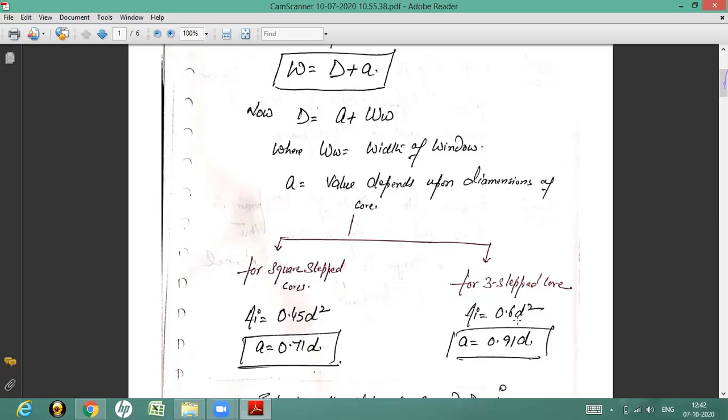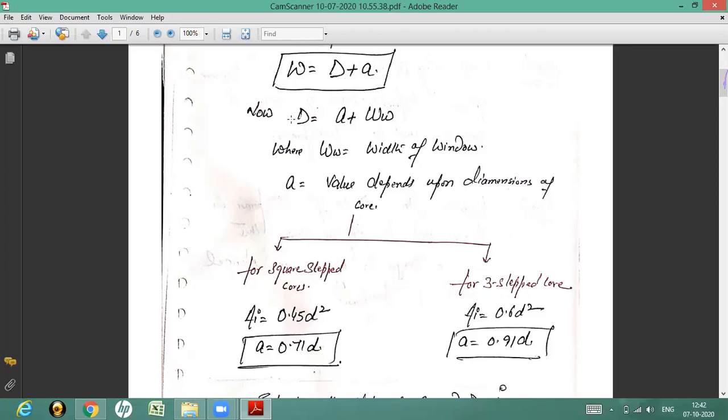0.6 d square. Again, this AI, that is net iron area, you can calculate from the main dimensions of the magnetic frame. You can use that value, get the value of D again from the diameter of circumscribing circle. Substitute this diameter of circumscribing circle D here, get the value of A. Substitute this value A plus WW from the magnetic frame design.